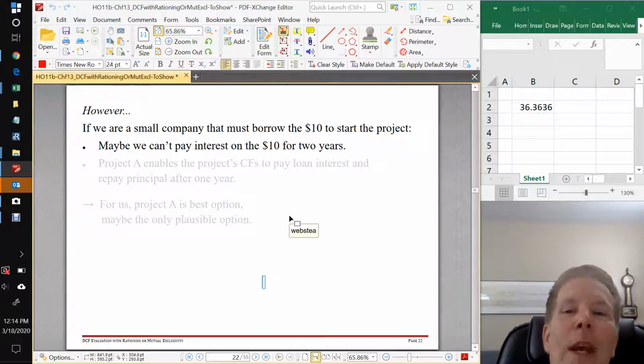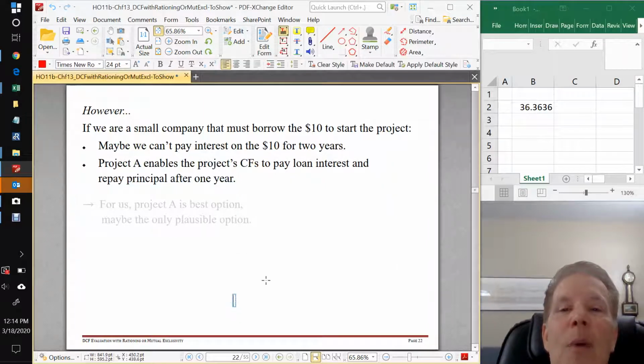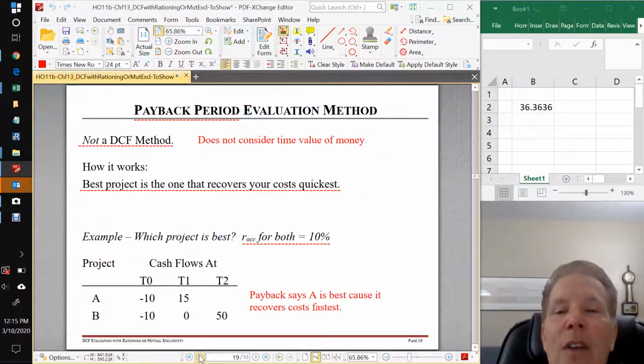Maybe we're not going to be able to pay interest on that 10 million for 2 years because we just got money from some venture capitalists and we're not going to have any revenue from our product. We have no revenue coming in, so we can't survive for 2 years. Okay, so for us, project A is going to be not only the better one, but the only one that we can do because we need to pay back our loans at this time.